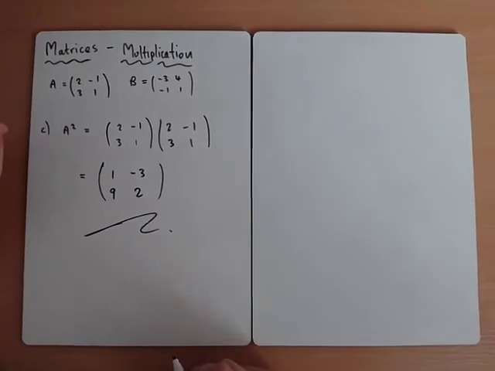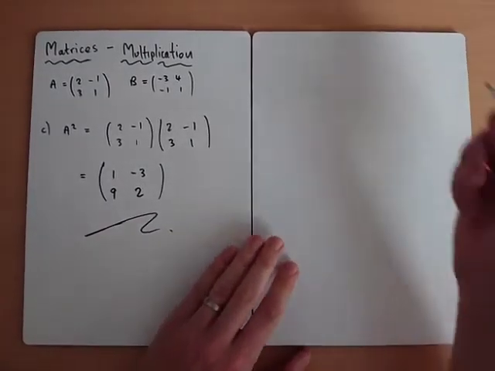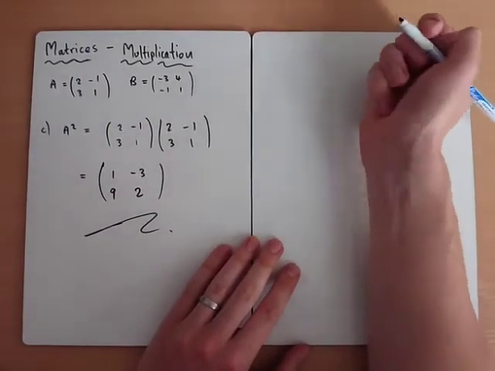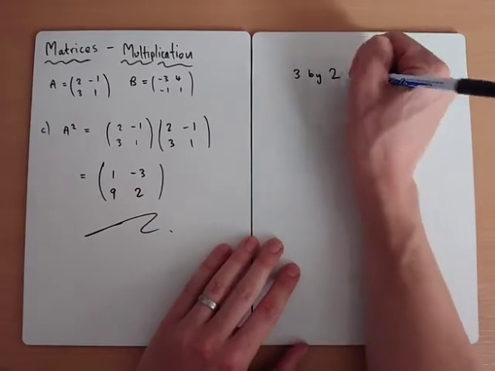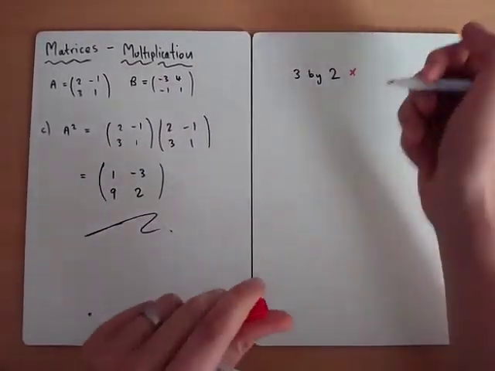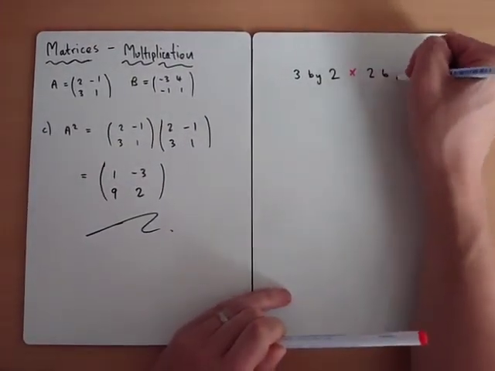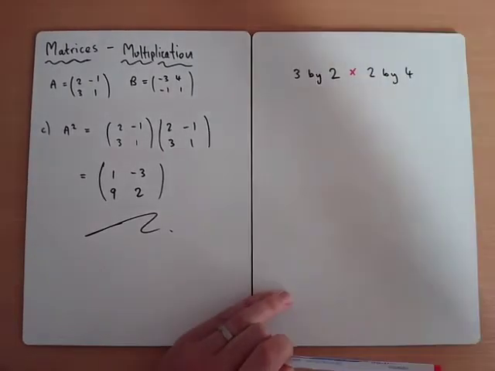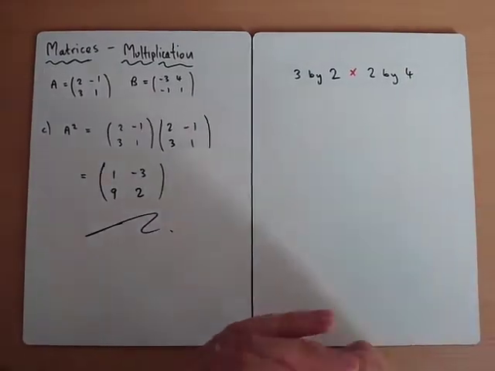Okay. So that's a bit of an instruction about how to multiply matrices, how to add and subtract them. Just one thing to be aware of, right? If you were going to multiply a 3 by 2 matrix, and let's say you wanted to multiply that by a 2 by 4, you would be able to do that.